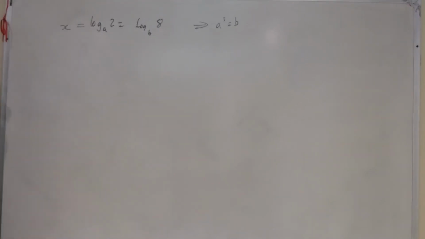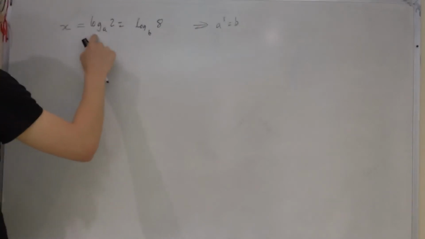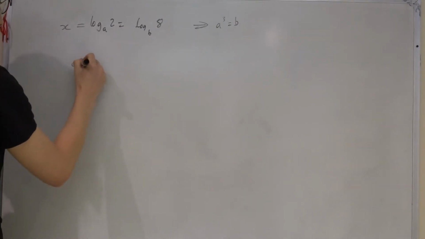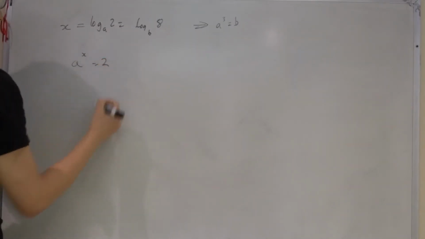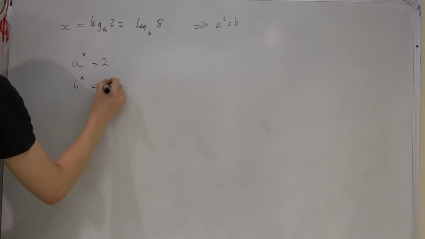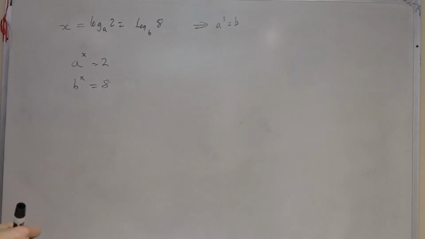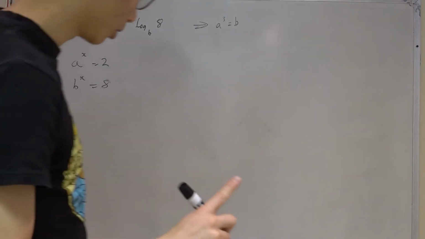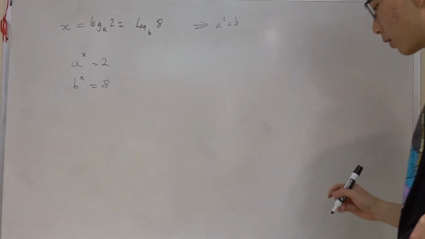Now let's try and rewrite each of these in exponential form, but this time involving x. So in this part, we are saying A to the x is equal to 2. And in this one we're saying B to the x equals 8. Right? So now where do we go? Try and see if you can figure it out from here.